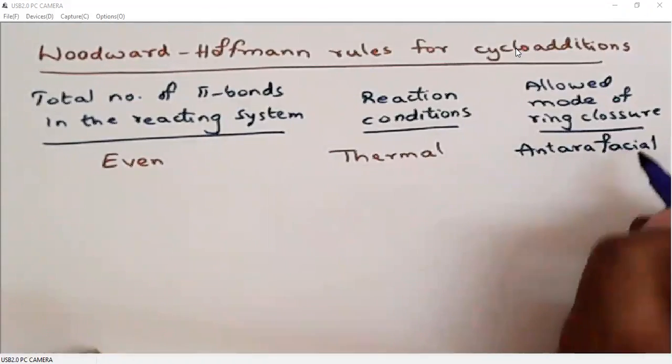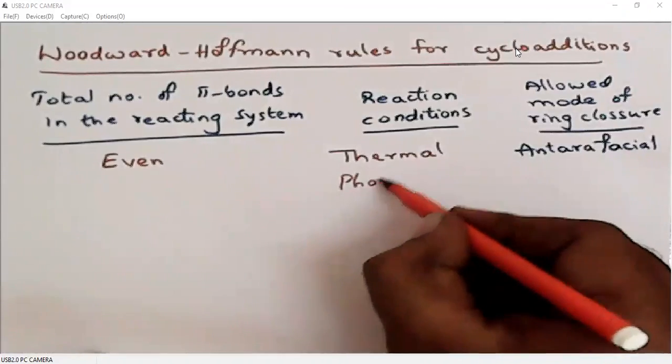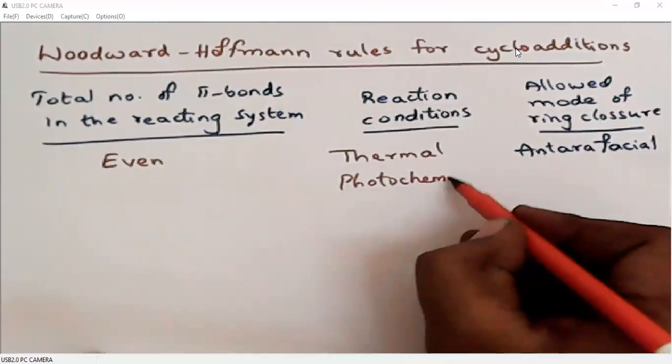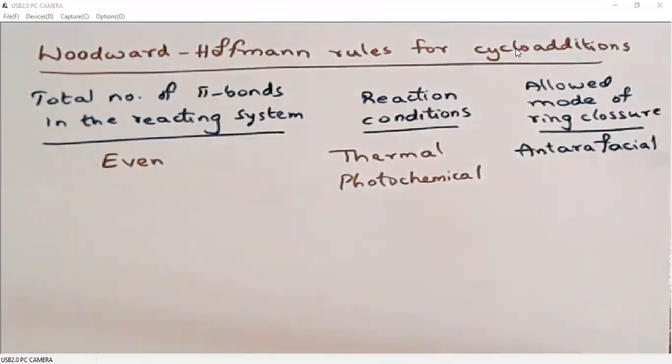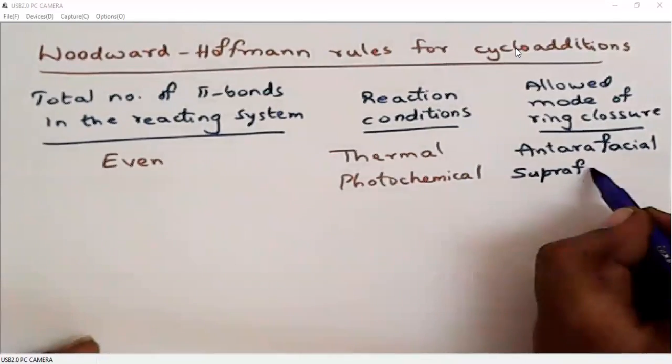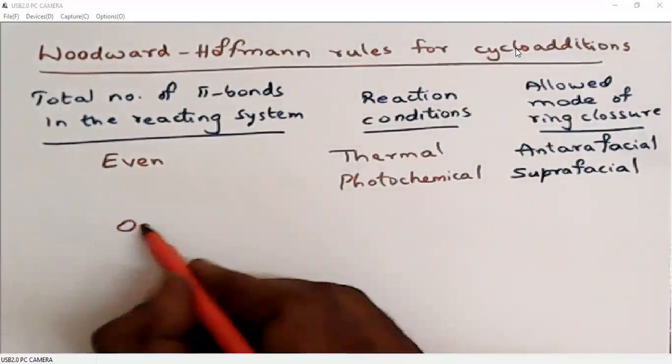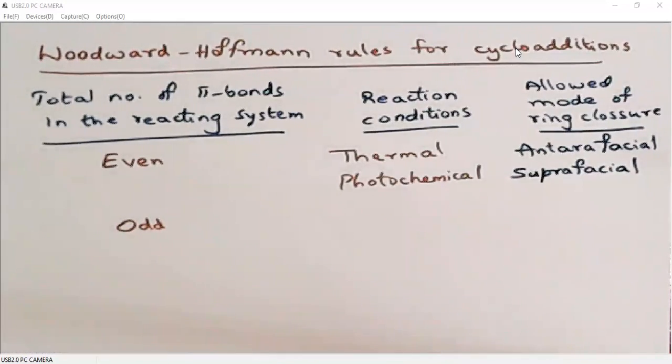Even number under photochemical conditions: when we pass light, it follows suprafacial bond formation. When we have an odd number of double bonds, that means it is a 4 pi plus 2 pi, so 2 double bonds plus 1 double bond, 3 double bonds.